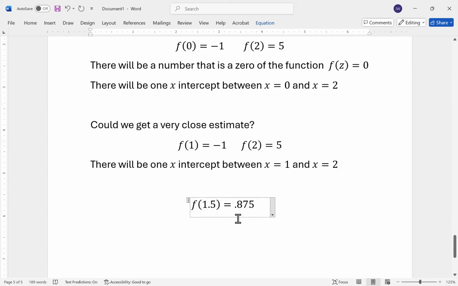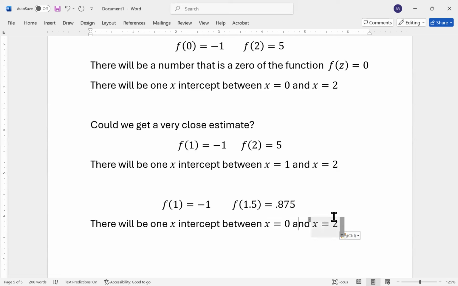So I know f of 1 gives me out a -1. I know f of 1.5 gives me out a positive number. So I know that there's going to be at least one x-intercept, not just between 1 and 2, but between 1 and 1.5.